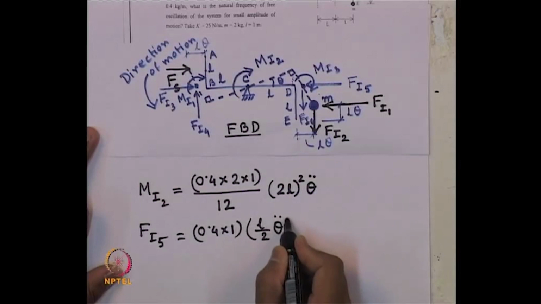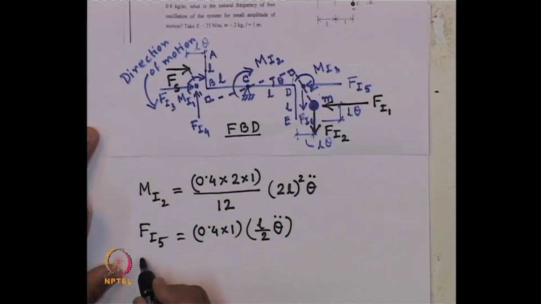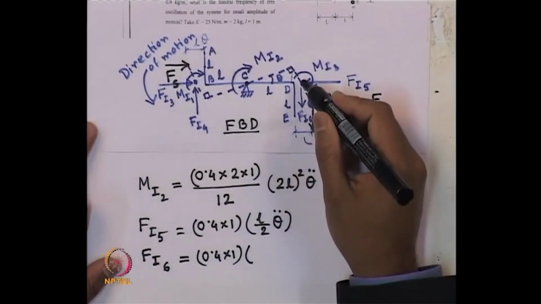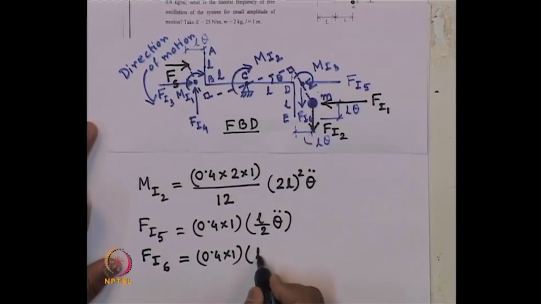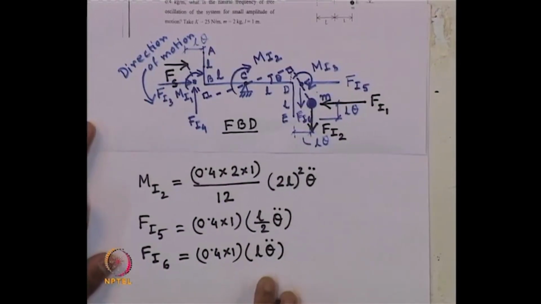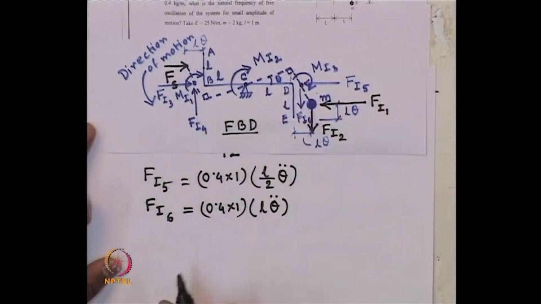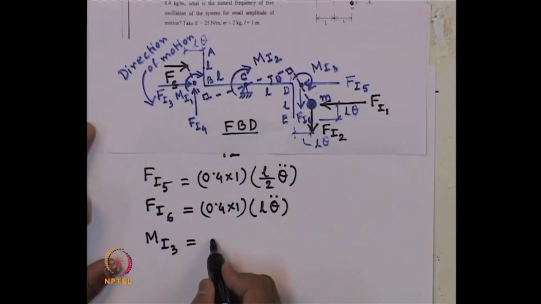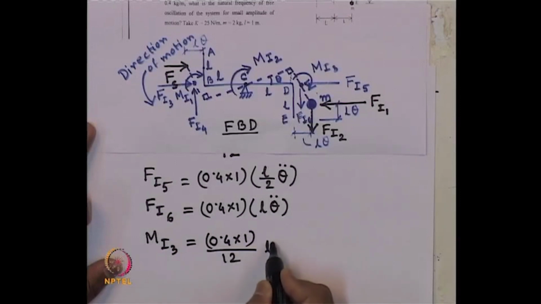So, acceleration is L by 2 theta double dot, and F I 6, that is vertical inertia force, is m times the vertical movement of the bar about its center, that is again L theta. So, acceleration is L theta double dot, and the torsional inertia force about its center m I 3, that will be m by 12 L square theta double dot.